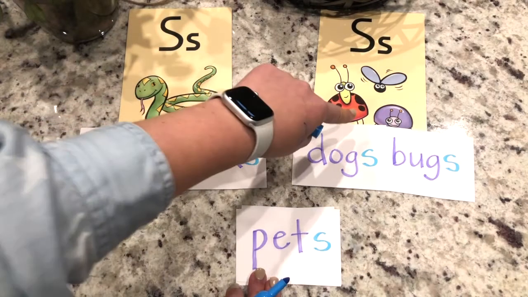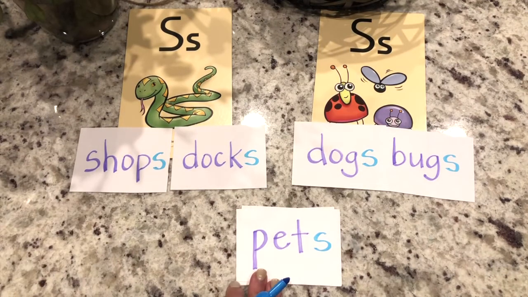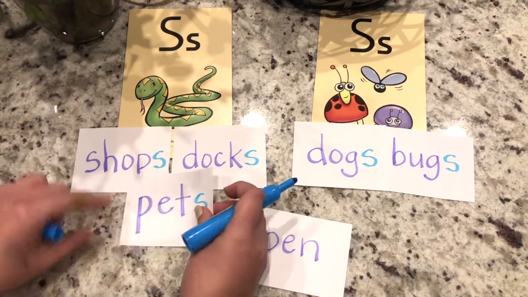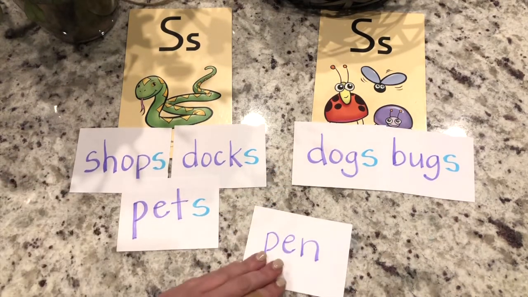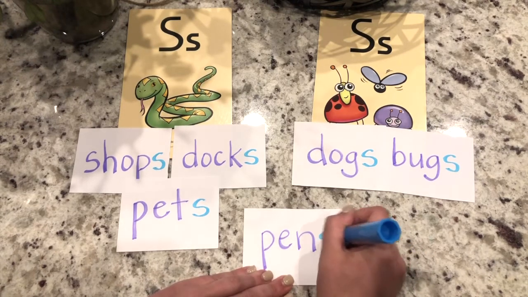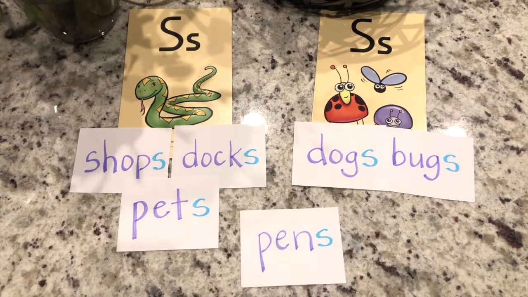S or Z. Pets. Good, the letter S or the S sound. And last one, pen. Pen is the base word. And if I add the suffix S, it makes the word pens. What sound do you hear on the end?